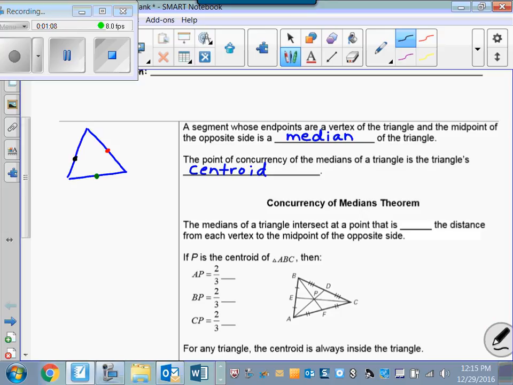Then to get the median, I go from each midpoint to the opposite vertex. There's a median, here's this median, and here's this median from the vertex to the midpoint of the opposite side. All three of those are medians, and where they meet, their point of concurrency, that's the centroid.